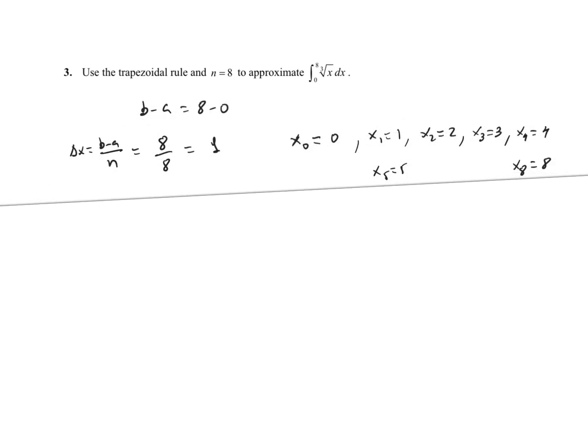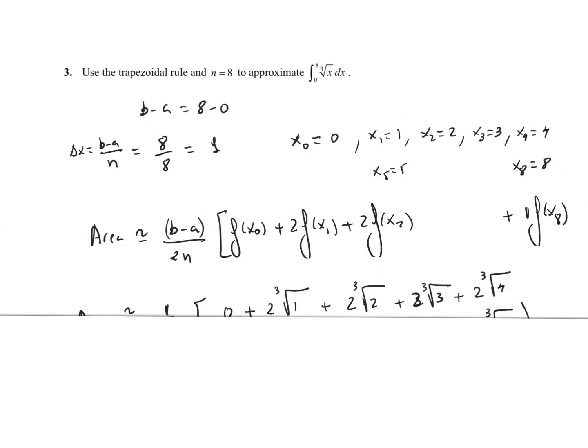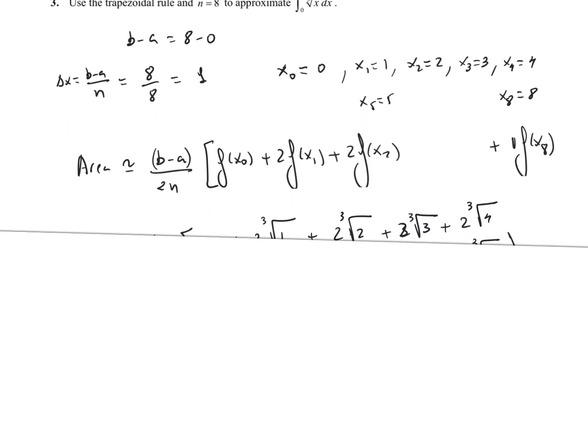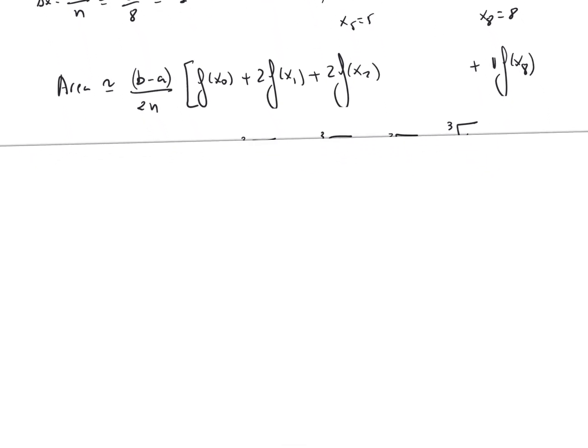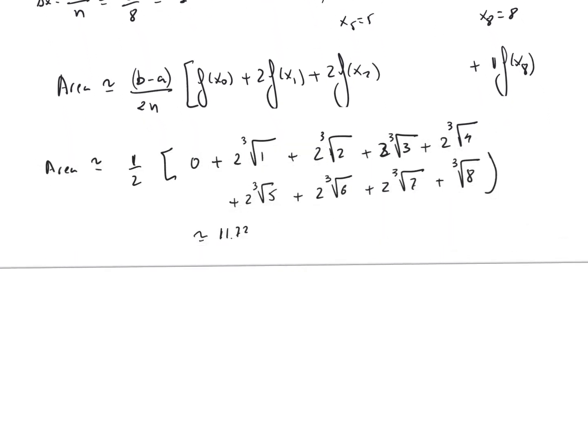You can use the equations again, b minus a divided by 2n, and if you follow, the solution will be 1172.